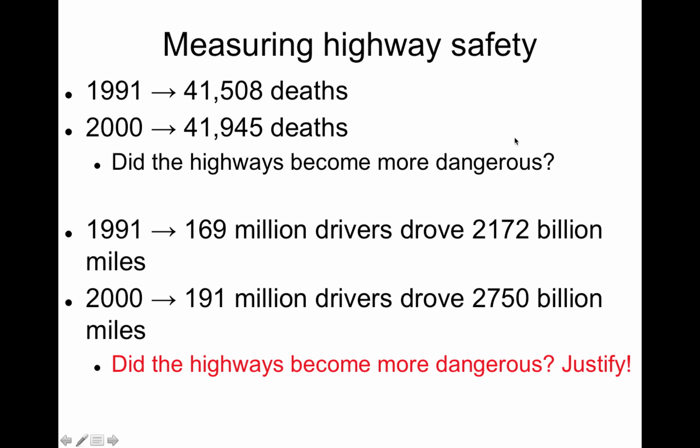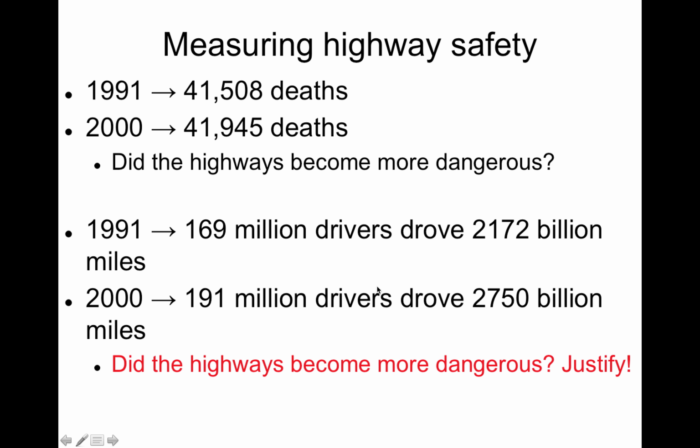Well, what actually happened was there were more deaths, but when you look at the year 2000, there were more drivers and they drove more miles. So did the highways become more dangerous? They really didn't.